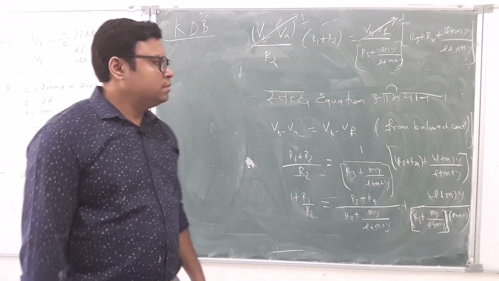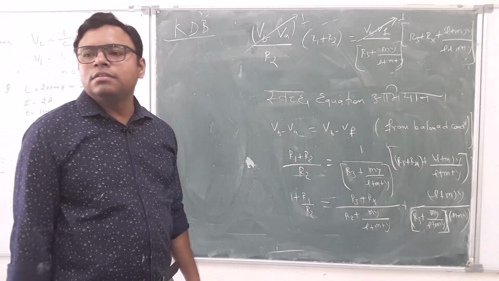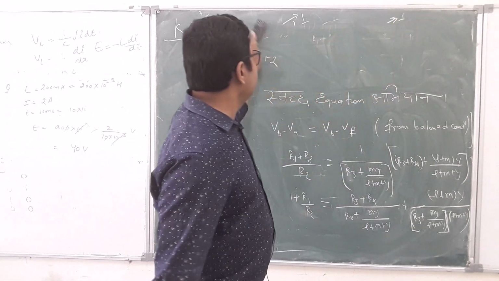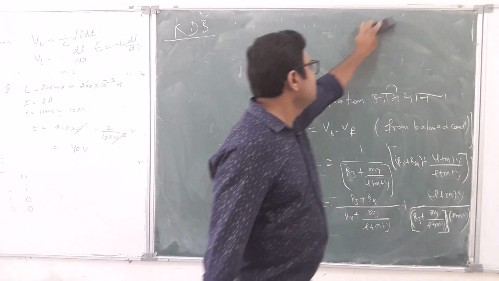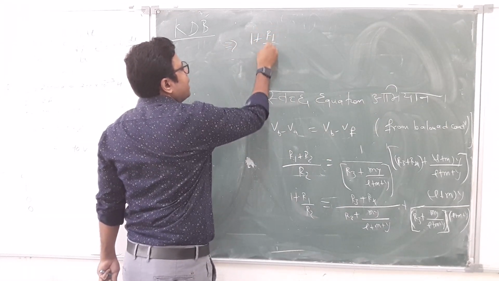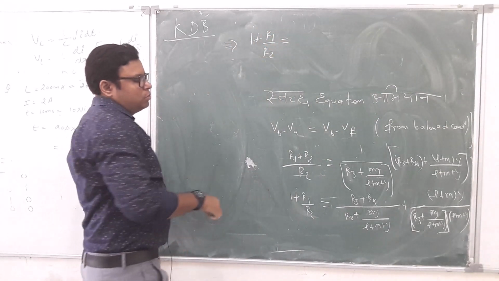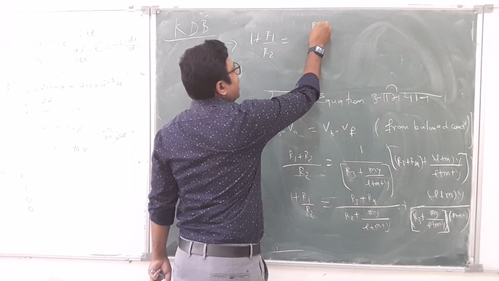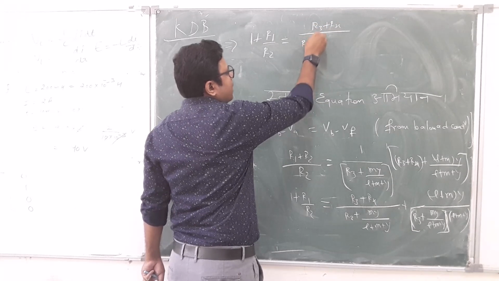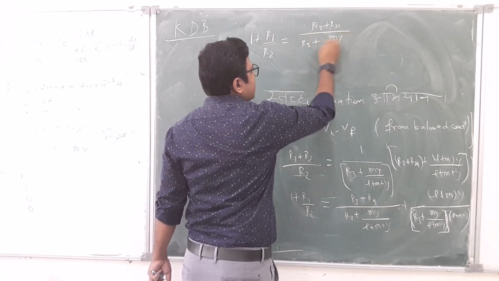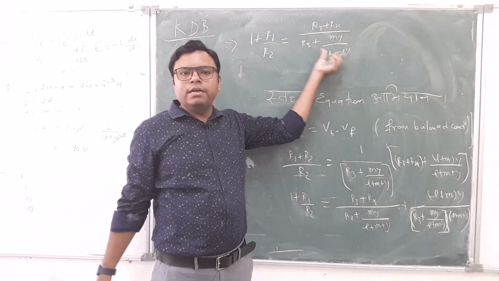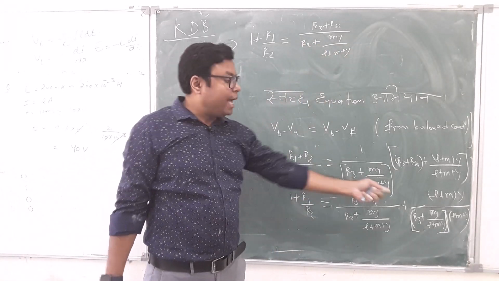ठीक है, चलूँ आगे. So last equation I will repeat from here. So what I got is 1 plus R1 by R2 is equal to R3 plus Rx by R3 plus... my L plus M plus Y. I could have solved it here, I could have multiplied here, but I am too much worried about that.